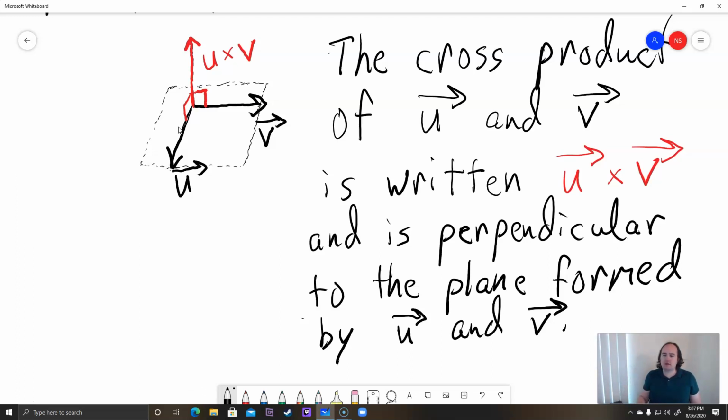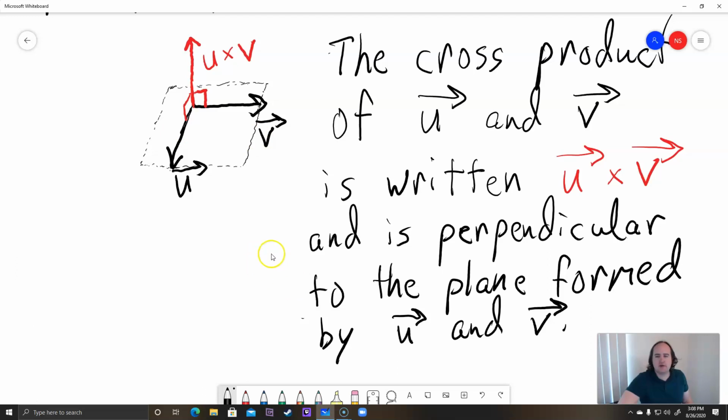And that's something that you'll learn more about in physics. We don't really need that so much here, but that's the right-hand rule. I'm not going to write that down because you aren't going to need it for your homework. But the way you know which way it goes is you start at u with the fingers of your right hand, then you curl your fingers towards v, and whichever direction your thumb is pointing, that's the direction of u cross v.